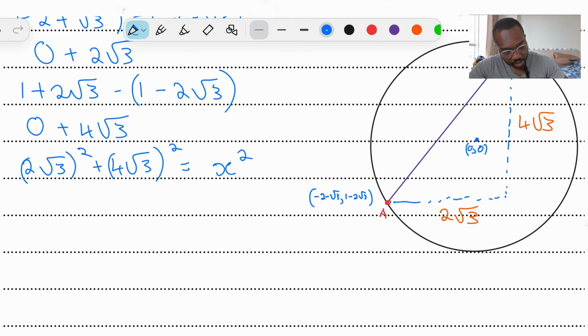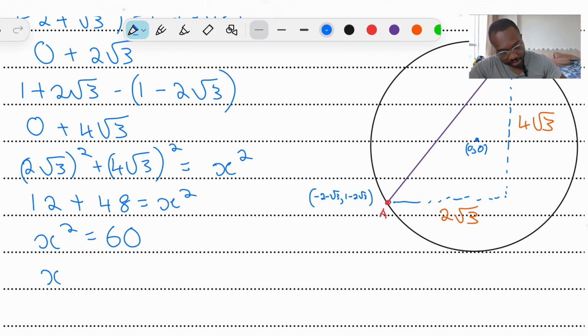What's 2 root 3 squared? That is 12. 4 root 3 squared is 16 times 3, that's 48. That's equal to x squared. So we have x squared is equal to 60, and therefore x is equal to root 60. And if we write that in surd form, that would be 2 root 15.